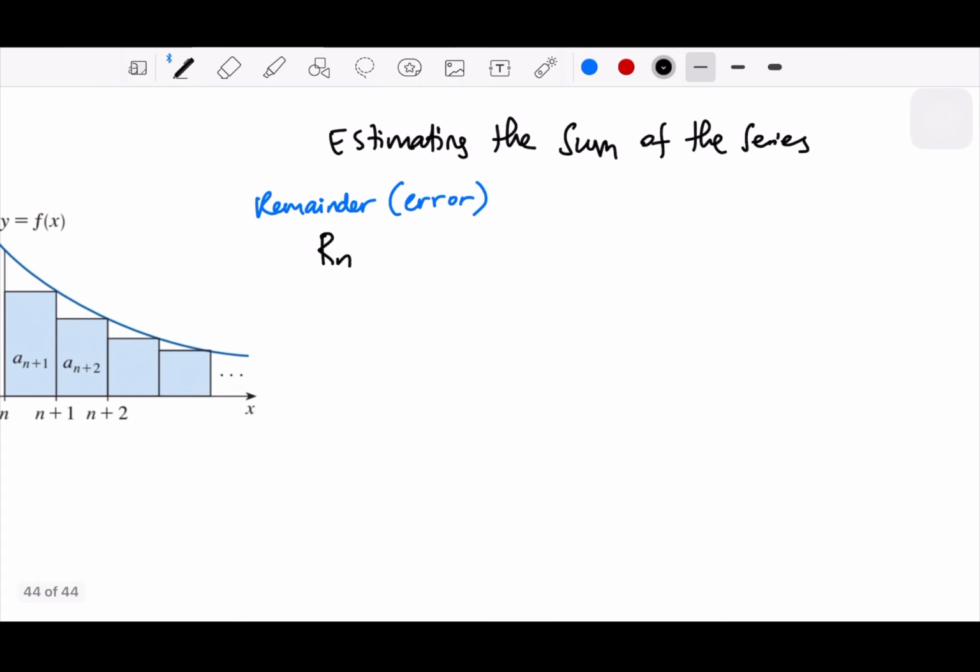Before, we know that we can take the limit of our partial sum. If this is close to S, this is our approximation. But to check whether the approximation is good enough, we can use the remainder and write down that the remainder is the difference between S and Sn.